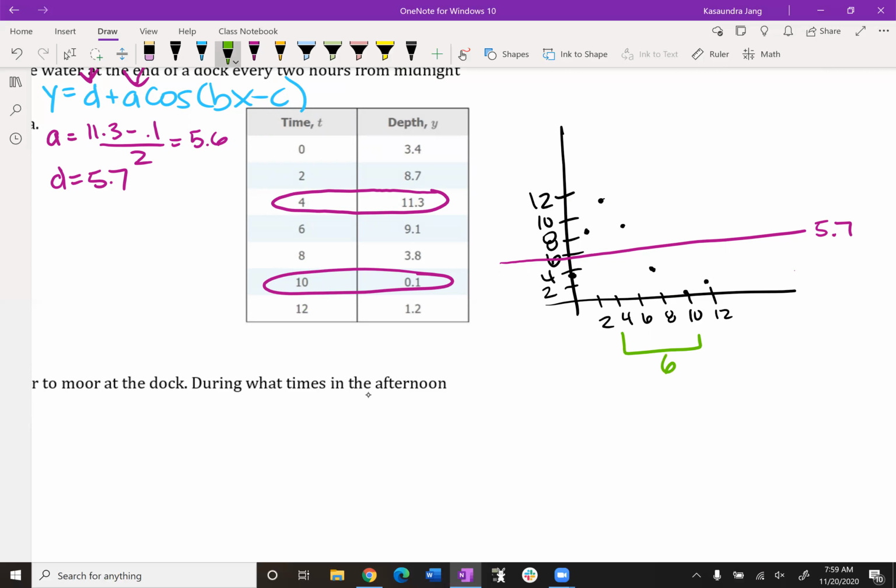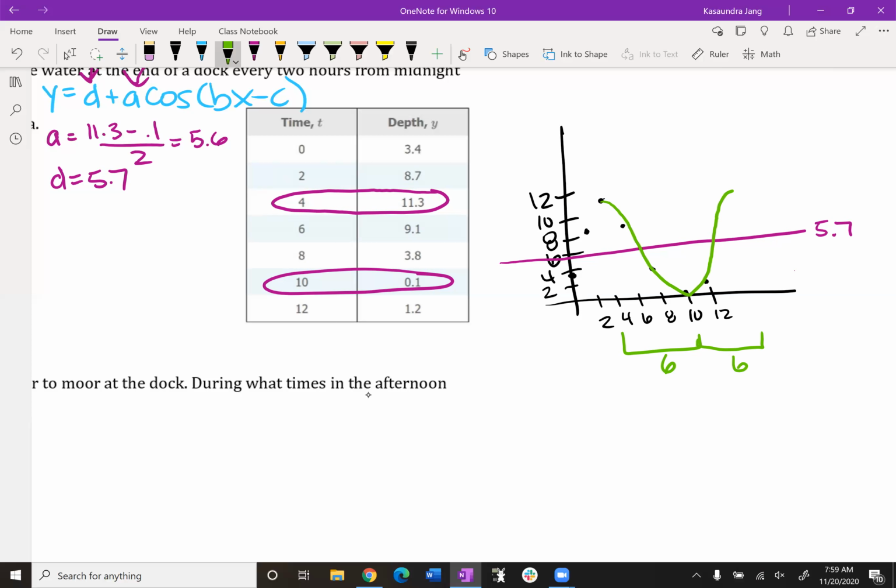That's just half of one cycle. Cosine starts at its max, goes down to its min, but then it always bounces back up to its max. So I have the first half here. I would need another distance of 6 to get the full period, so one full cycle would take a total of 12.